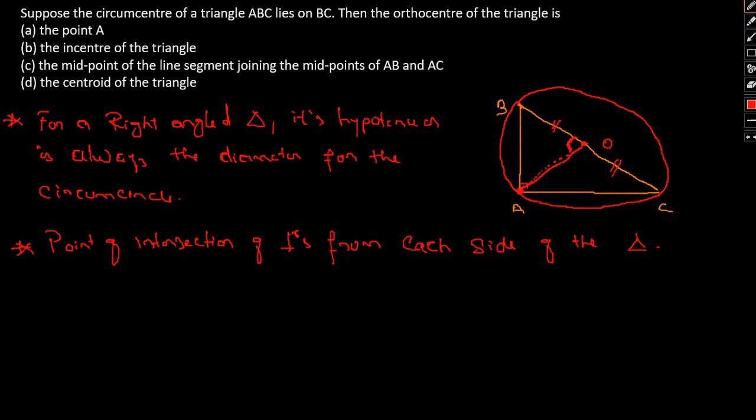So the orthocenter would actually be on the vertex opposite to the hypotenuse, and in this case the vertex A. So the orthocenter will lie on vertex A. Okay, so here option A is our answer.